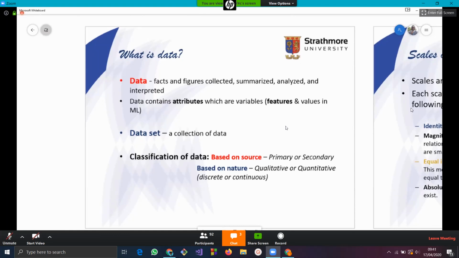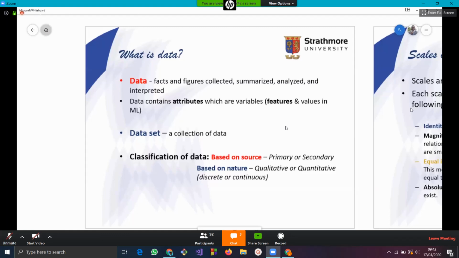Now you're reminded that data can be classified, number one, based on source, which can be primary or secondary data. Primary data is the one you collect yourself, like we are going to see. It's very important in documentary number 2. And secondary data is that which exists, that you just take and you train your model with. Then data can also be classified based on nature.